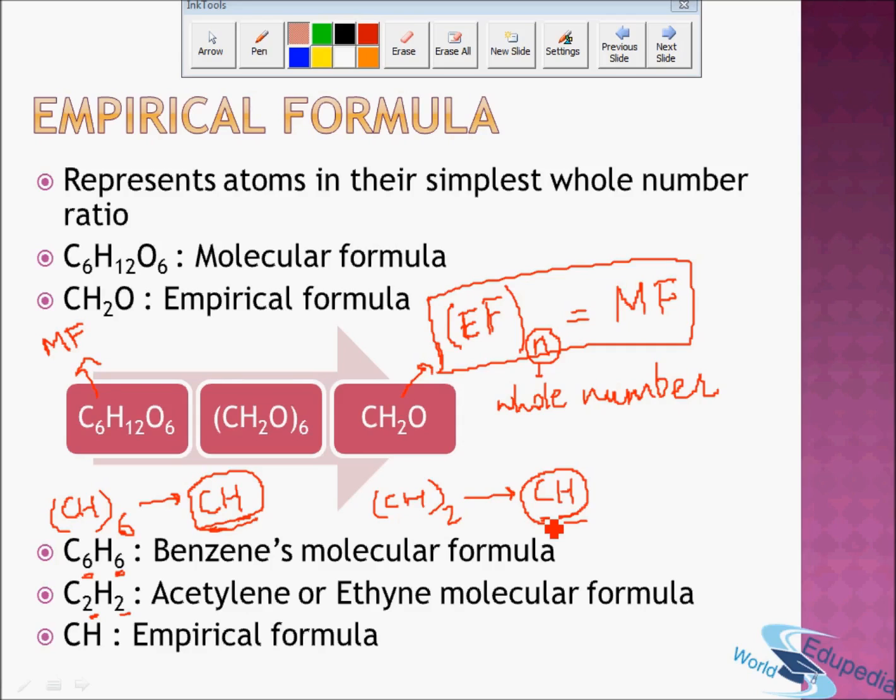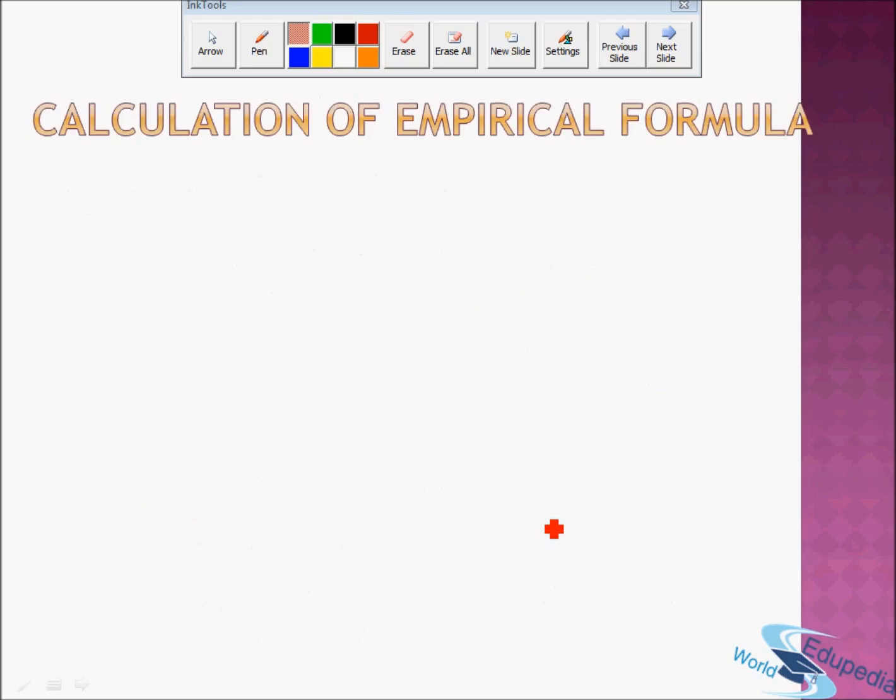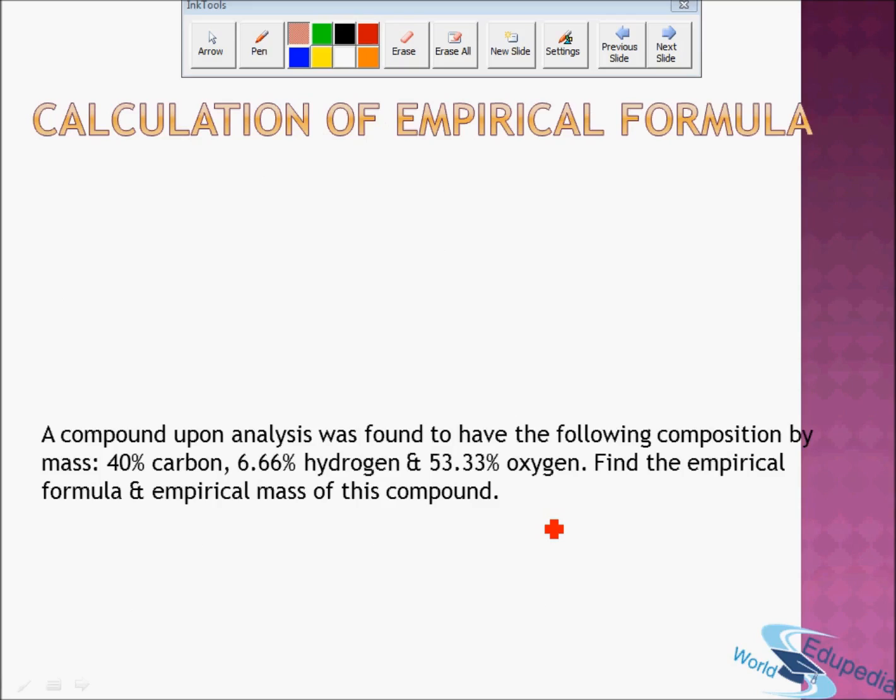So let's see how calculations for empirical formula are done, and we'll also see the application of empirical formula. For calculating empirical formula, let's assume an example. The example says that a compound upon analysis was found to have the following composition by mass. We remember what we mean by percentage composition by mass and by moles.